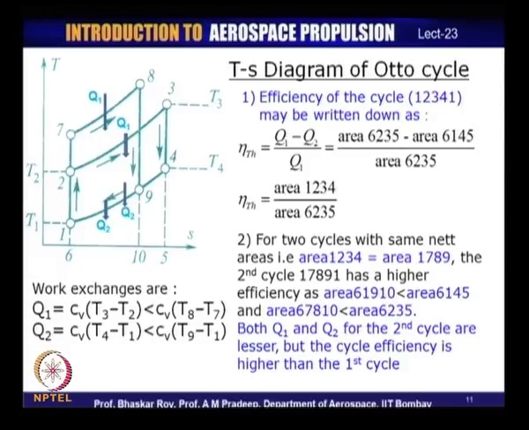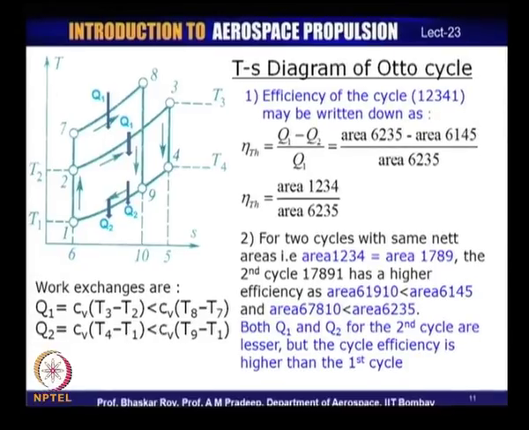Now, the TS diagram directly tells us the work, the heat input and the heat output of the system, as a result of which the thermal efficiency can be quickly found, and it tells us again that the net area, that is 1, 2, 3, 4, actually gives us the net work output or net energy available for work divided by the net heat input, and that is the thermal efficiency of the system.